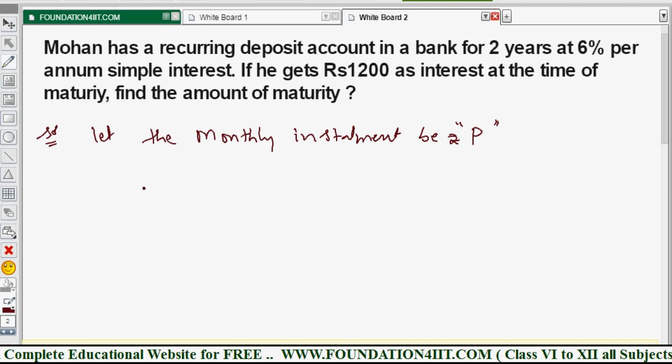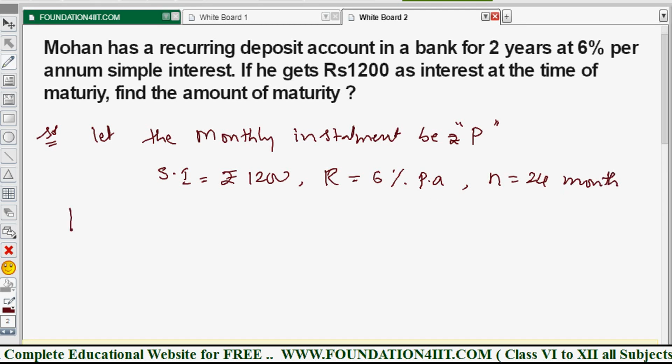Simple interest is rupees 1200, and the rate of interest R is 6% per annum, and n is equal to 24 months. So the n value is 24.